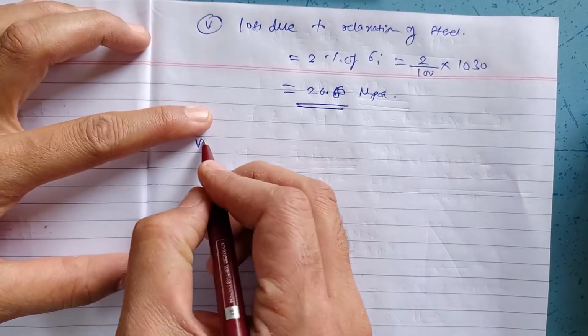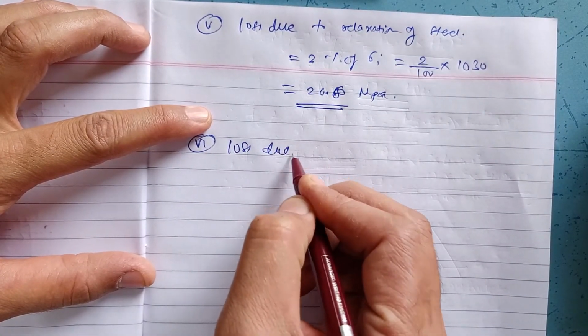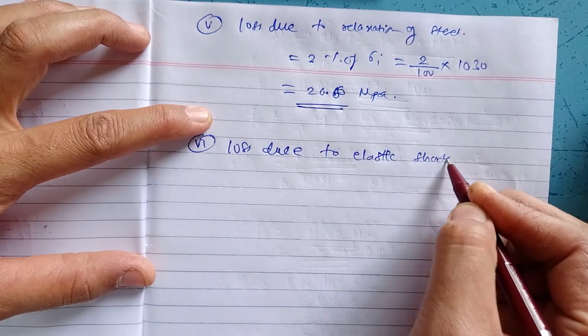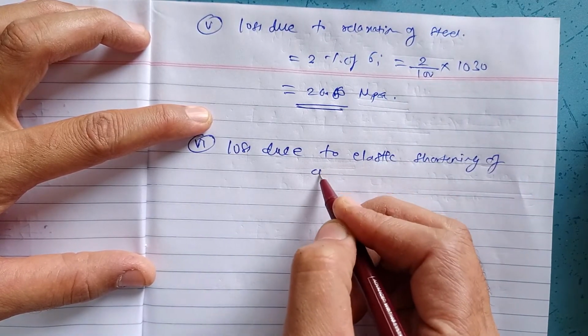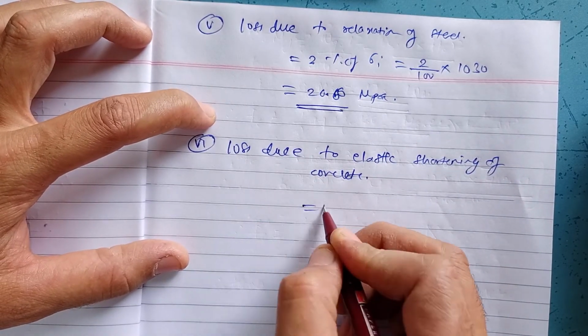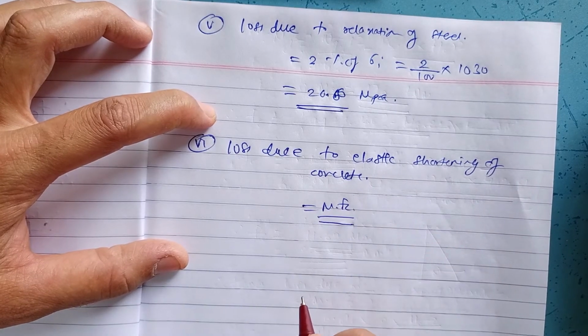And the last loss to be calculated is loss due to elastic shortening of concrete, and the formula for that is m into Fc.